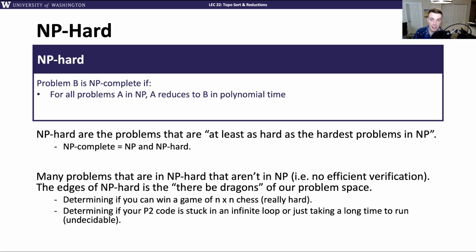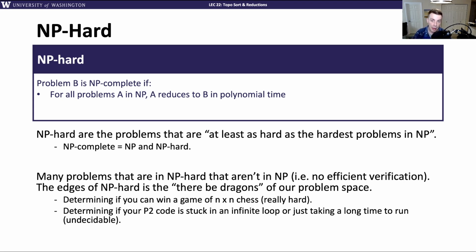So NP complete is really the intersection of NP and NP-hard. They're the problems that are efficiently verifiable and are at least as hard as all of the problems in NP. But NP-hard contains a lot of other really, really tough problems. And they might be so tough that there's no efficient verification at all. So for example, one example problem that's in NP-hard and not NP is chess.